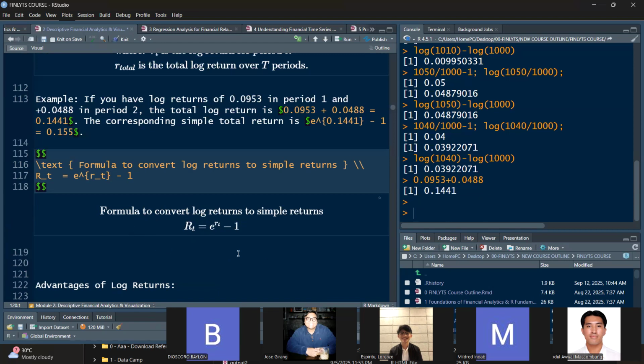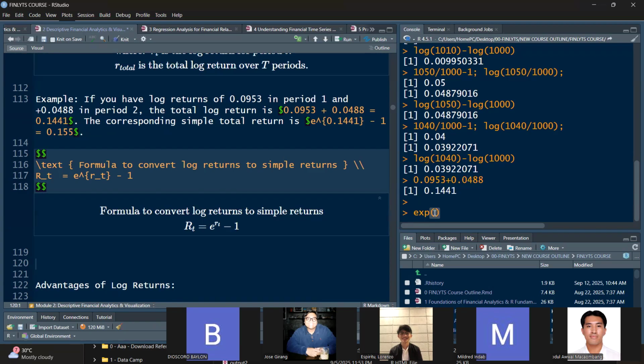Formula to convert log returns to simple returns: R sub T is equal to e to the r sub T. So this is the log return. Therefore, the simple return will be e, in R it will be exp, e to the r sub T. What's r sub T? Let me copy this, or you can just put 0.1441.